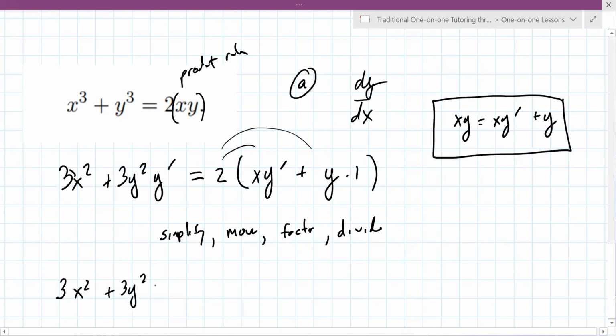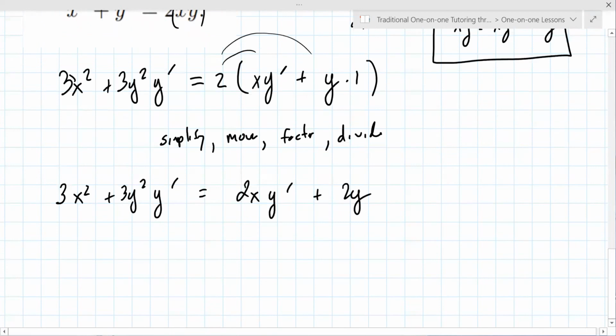Okay. So 3x squared plus 3y squared y prime equals 2x y prime plus 2y. Okay, and then move. So you move the y prime terms to the same side. So 3x squared minus 2y equals 2x y prime minus 3y squared y prime.